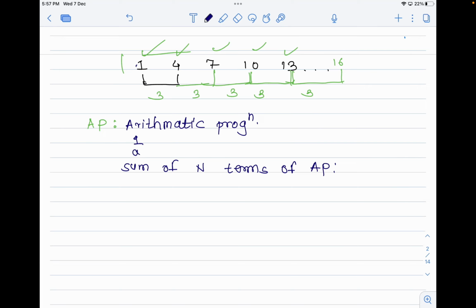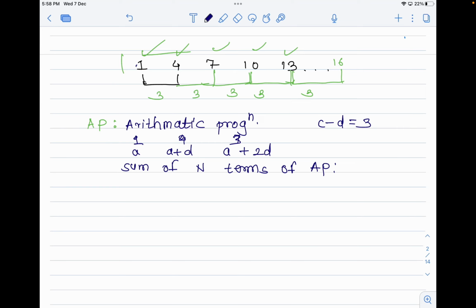After adding 3 you get the next number, so D is your common difference, which is 3. So A plus D is 4. Next, A plus 2D, then 7.